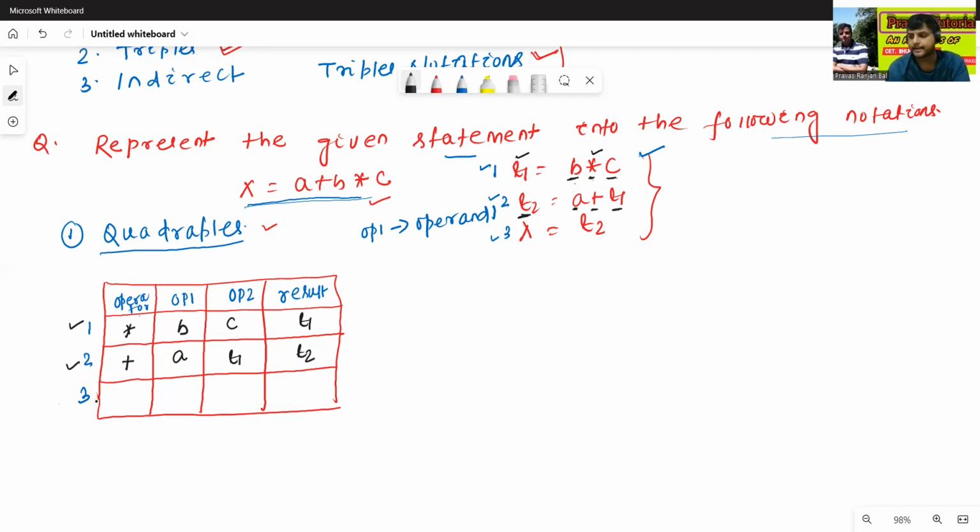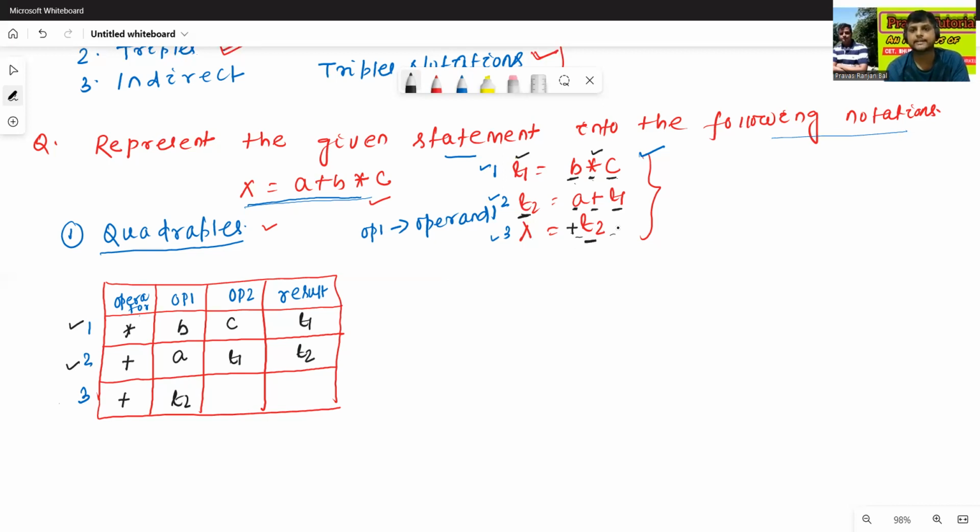Then the third statement. Here there is no operator, or we can say this is like a unary operator, plus. We can write plus here, because if there is no sign, by default it is a positive sign. Here one operand is T2.